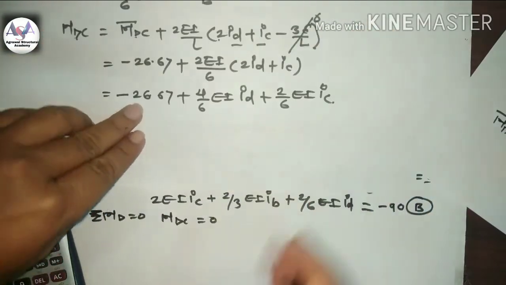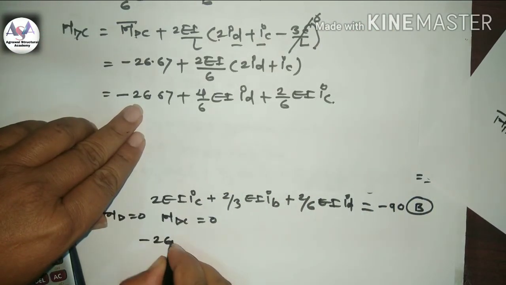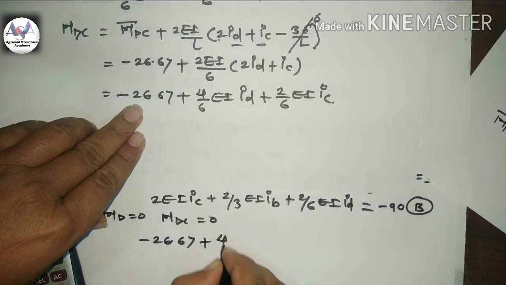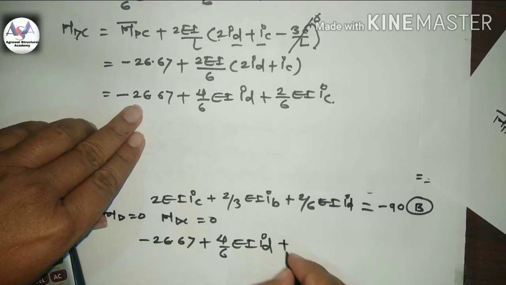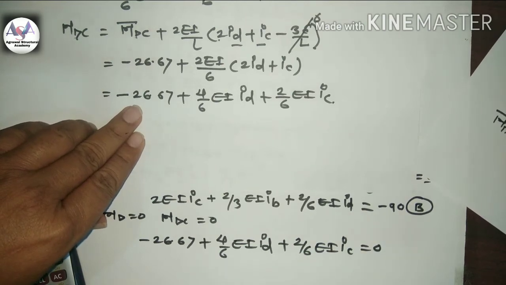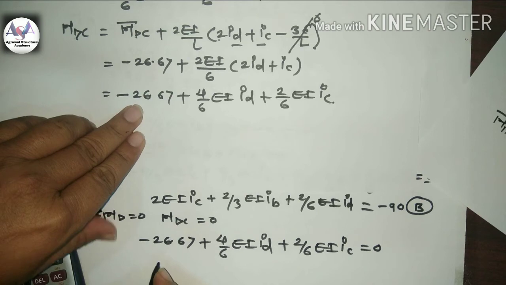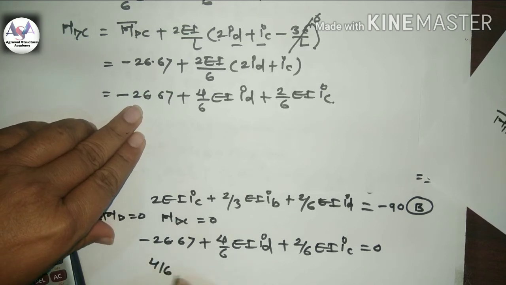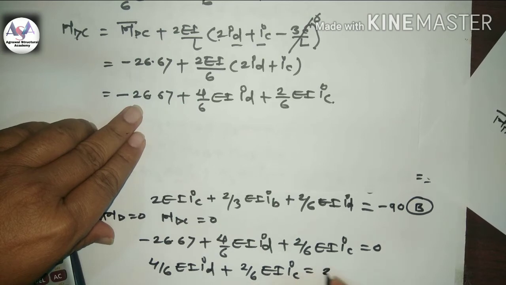This is minus 26.67 plus 4 by 6 EI theta D plus 2 by 6 EI theta C, that is equal to 0. So this becomes 4 by 6 EI theta D plus 2 by 6 EI theta C is equal to 26.67, equation C.